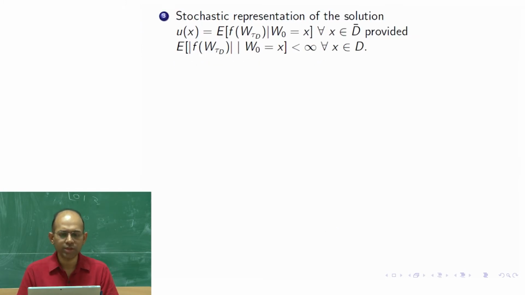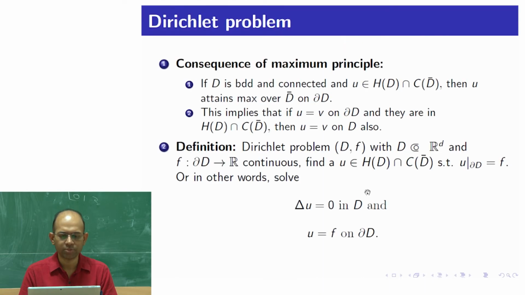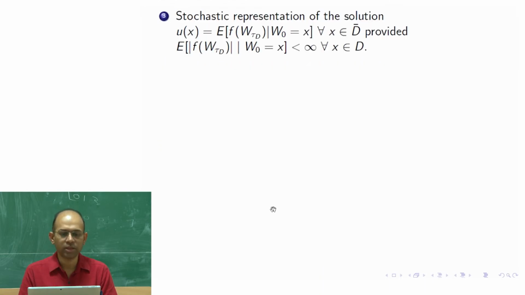Now the result that we are going to show in successive slides: the stochastic representation of the solution of this problem is given by a conditional expectation. U of x is equal to the conditional expectation of F of W at tau D, given W0 is equal to x. What is F here? F is the boundary data.